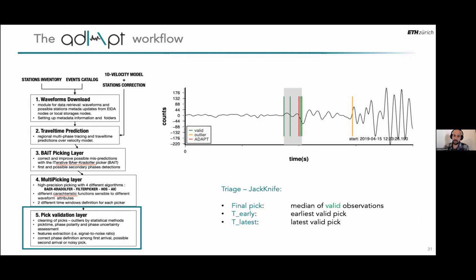Another thing our system can do with this approach is to define the uncertainty band not in a Gaussian way, like most systems do, but by providing the earliest and latest arrival as the real uncertainty of observation. The final absolute pick, of course, is given by the median of this valid observation pool.